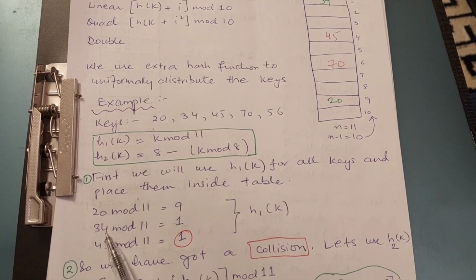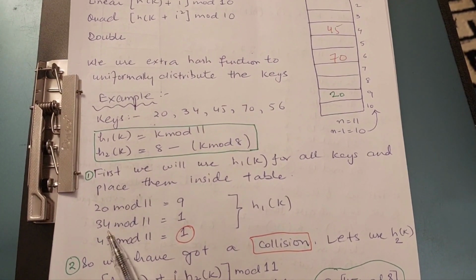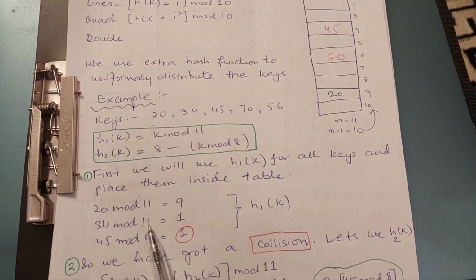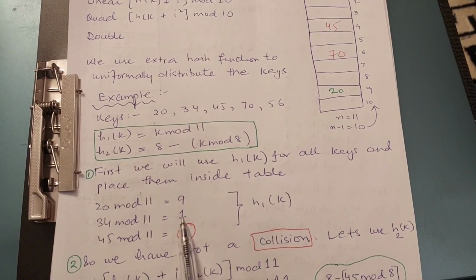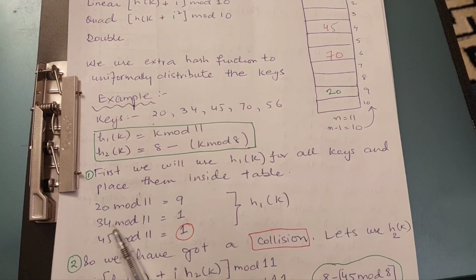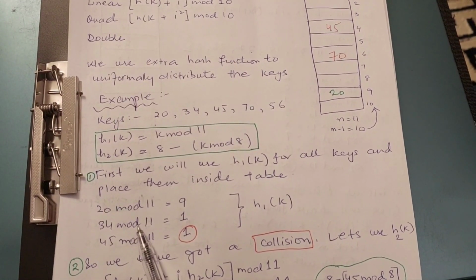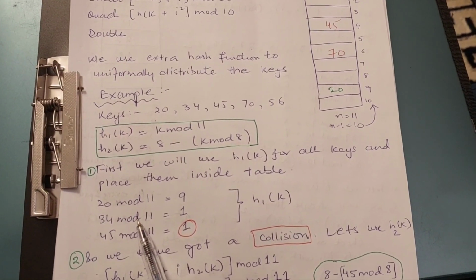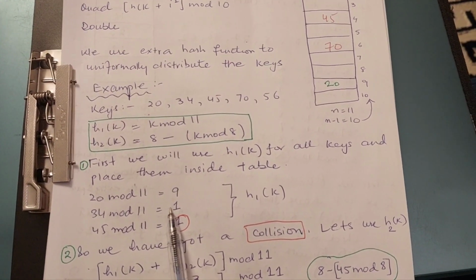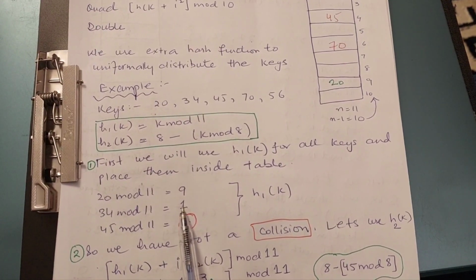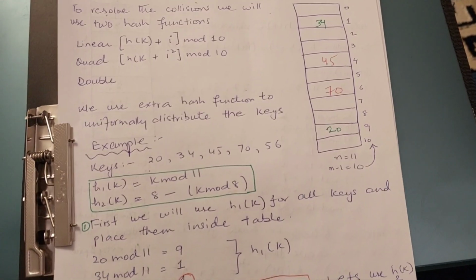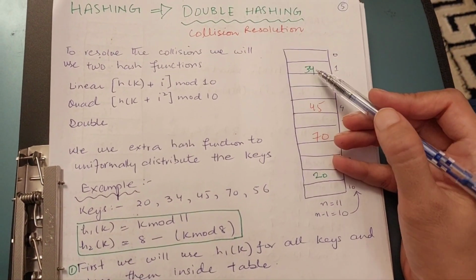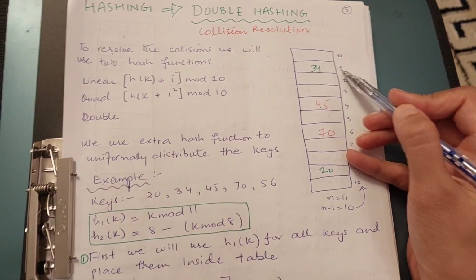All right, so for the next key, which is 34, I take mod 11, and the answer is 1, because 34 divided by 11 is 3 times, we get 33, and we get 1 as a remainder. So basically 1 is the modulus. It means that I'm going to store this data entry 34 on location 1.